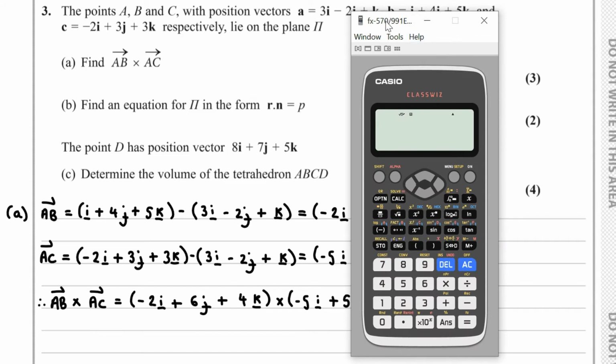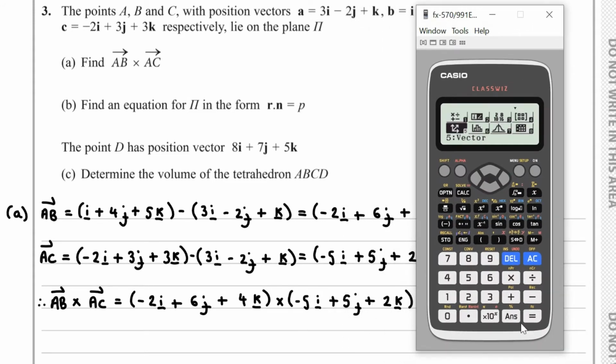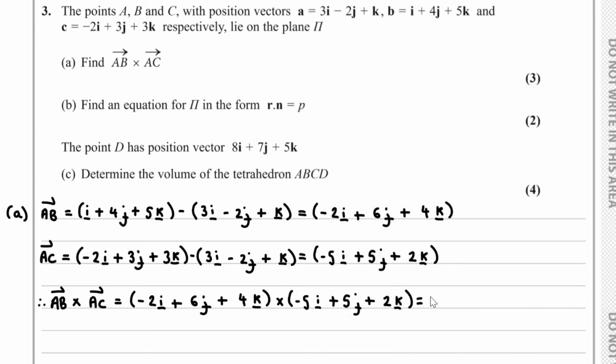So on your calculator, if we go to the vector submenu, define this first vector with components minus 2, 6, and 4, and the other vector with components minus 5, 5, and 2, crossing them together, what we end up with is minus 8i minus 16j plus 20k.